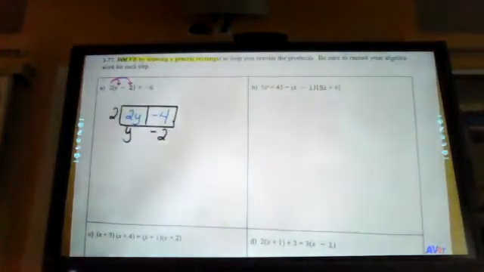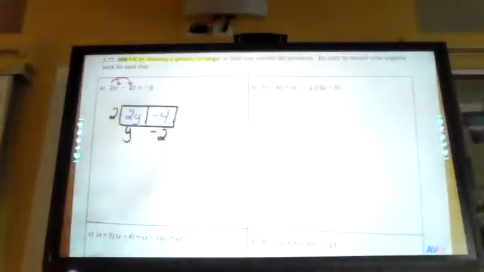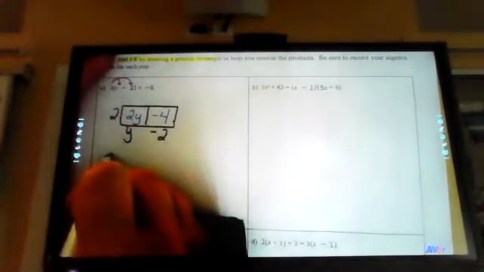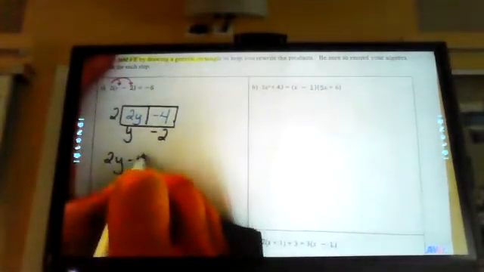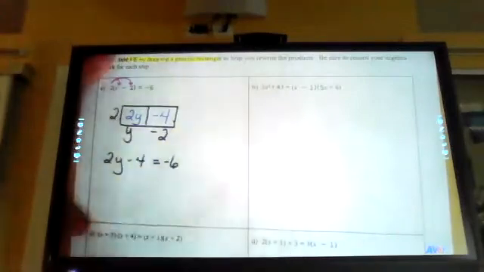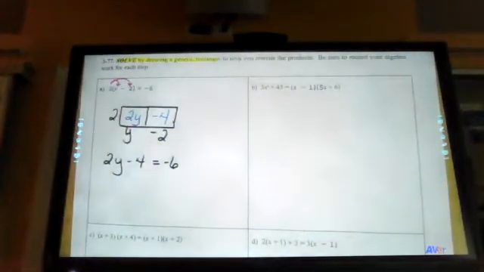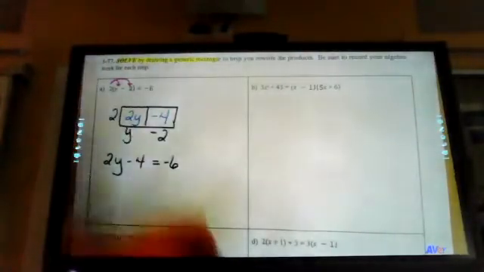All right, and so now I know my answer. Okay, well, I don't have to know my answer. What I've done is I have rewritten that left-hand side. So I know that the left-hand side now is 2y minus 4 equals a negative 6. And now you get to go through and solve like you normally would any problem like this. So how do I get rid of a negative 4?